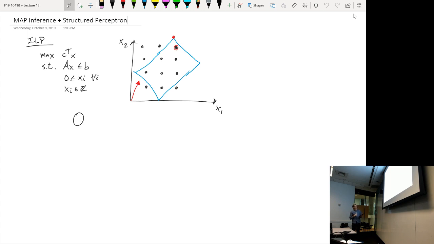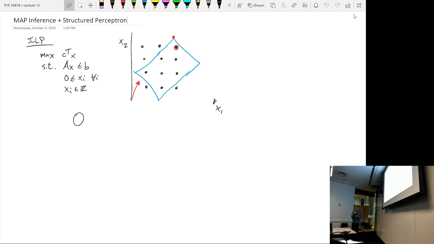And at that first node, it's going to run the simplex algorithm to get back a value of the current linear programming relaxation.